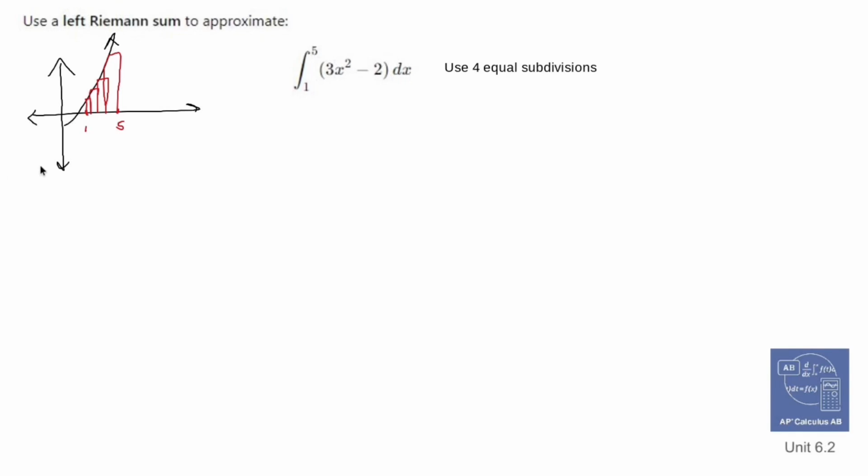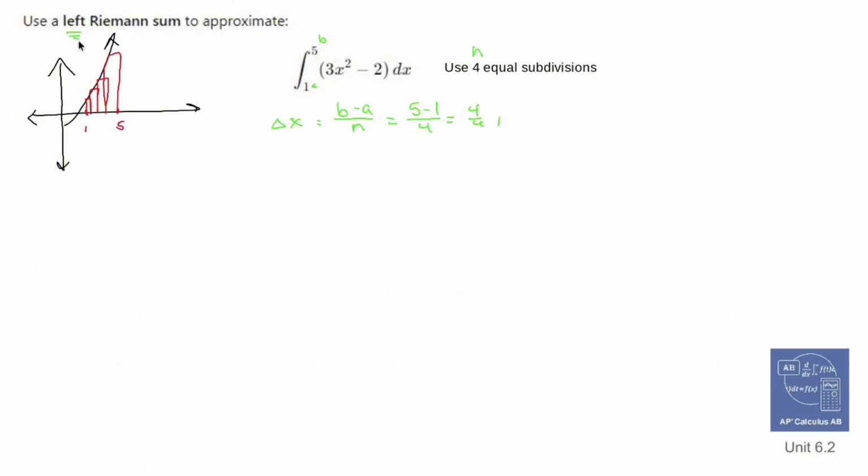To find how long each is, I use the change of x formula, which is b minus a over n, where b is the upper limit, a is the lower limit, and n is the number of subdivisions. So b is 5, a is 1, n is 4. 5 minus 1 is 4, 4 over 4 is 1. So each of these is going to be 1.